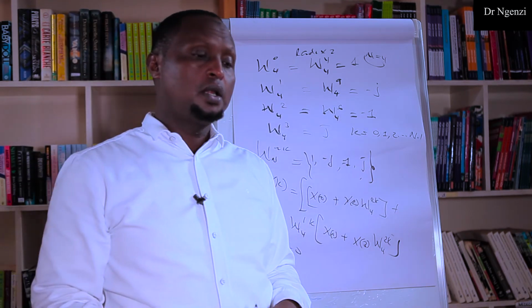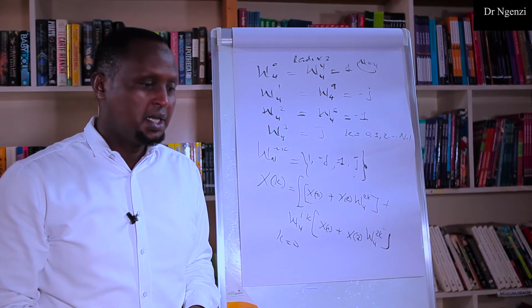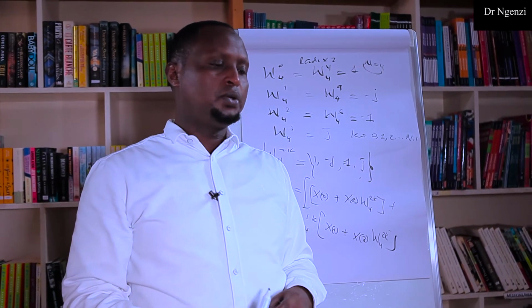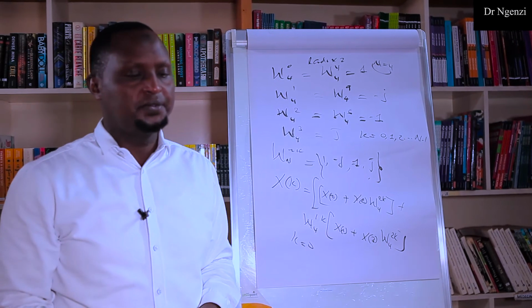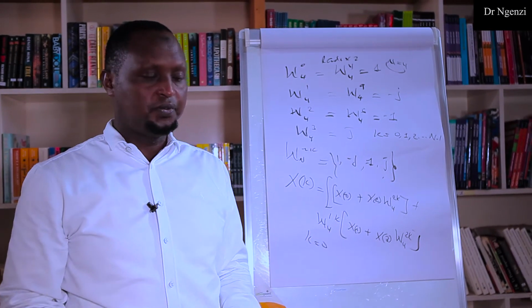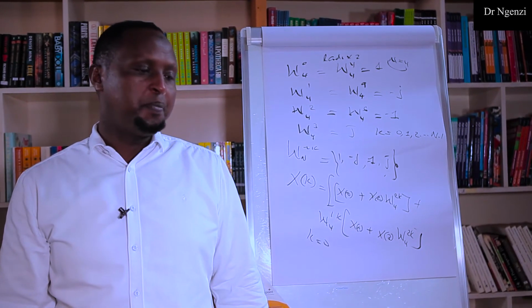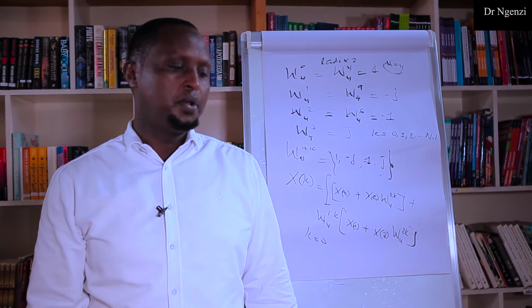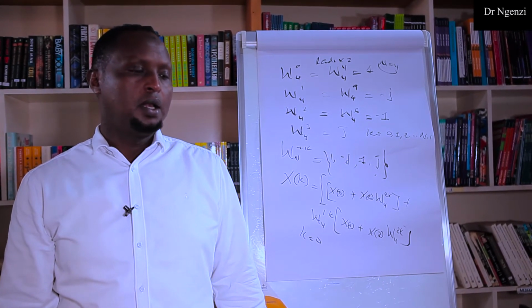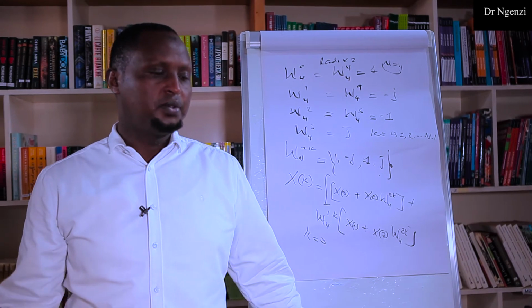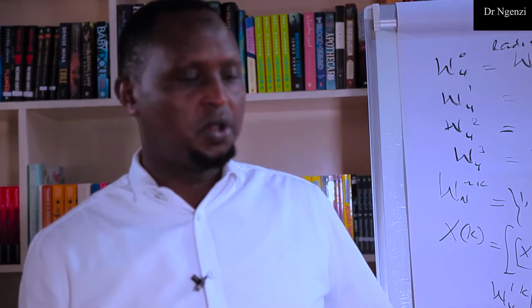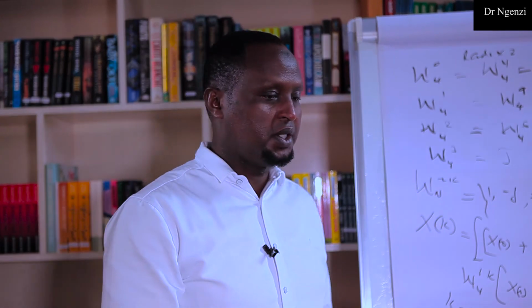So you can continue for RADIX 2 in the DIFT for n equal to 4. So for the 4 points, for example, we will also have, of course, the same as we have seen.